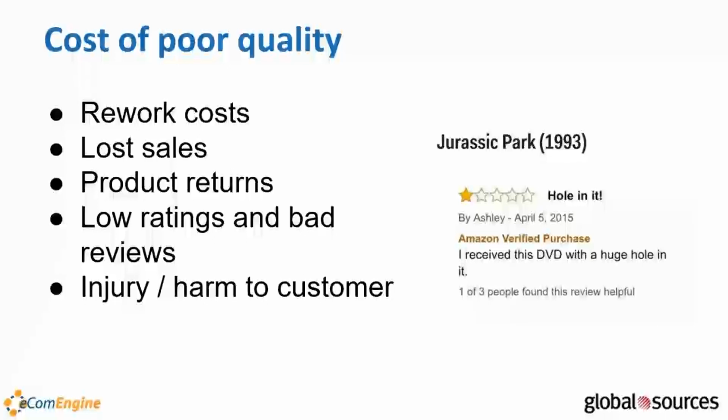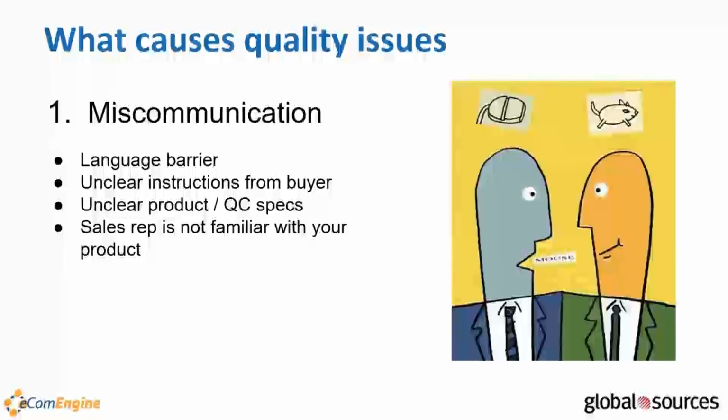All right, so now let's talk about the most common causes of quality issues when importing from China. Now, many e-commerce sellers are surprised when I tell them that miscommunication is the number one reason for most quality issues. So do not believe that your supplier understands your specifications and your expectations clearly after they've been told just once.